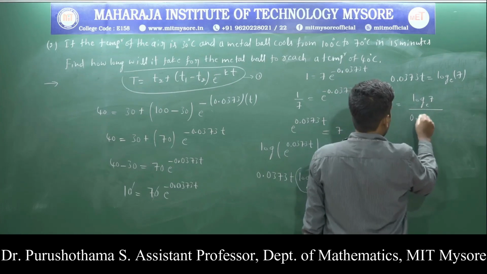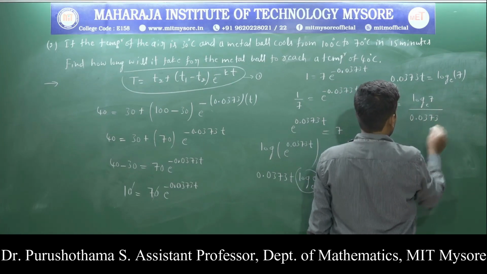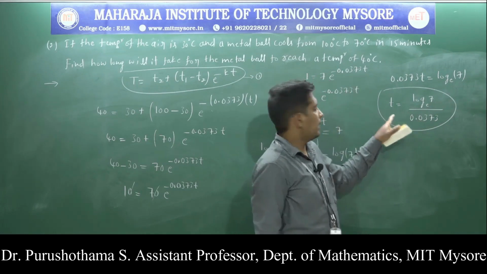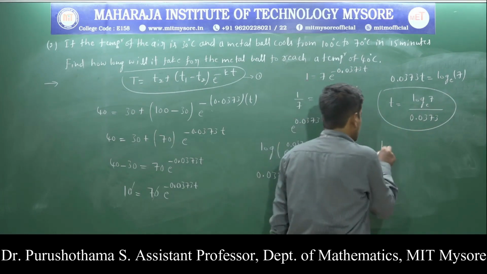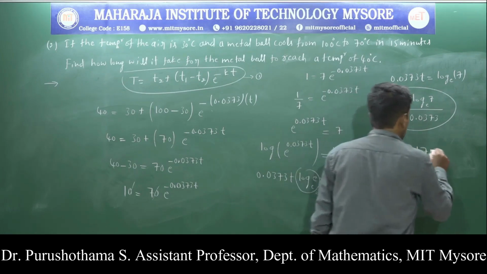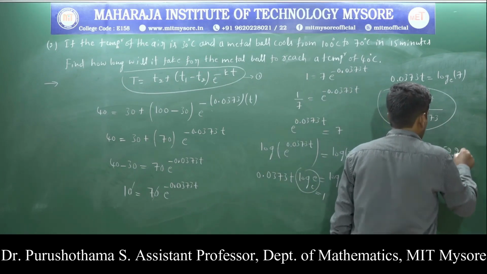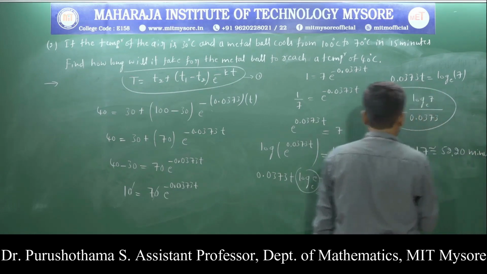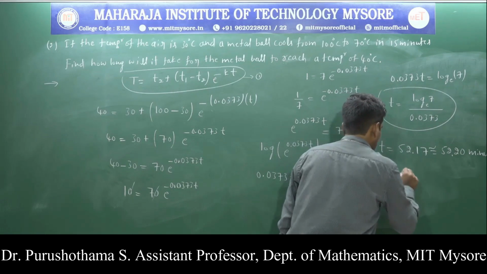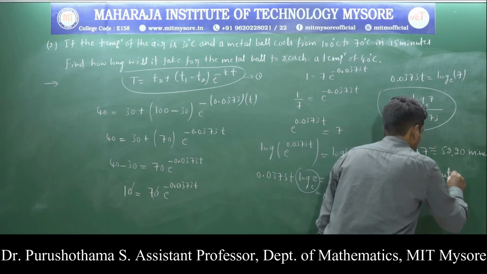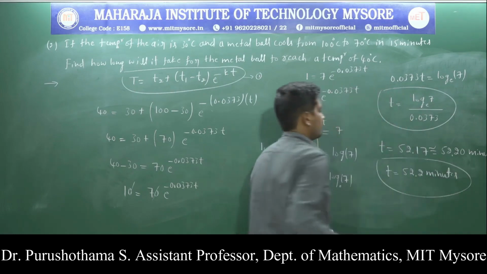So t is equal to log 7 with base e divided by 0.0373. After calculation using a calculator, we get t equals 52.17, or approximately 52.2 minutes. Finally, t equals 52.2 minutes.